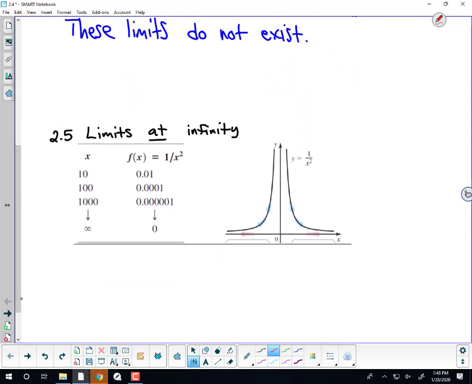Limits at infinity, the roles have kind of reversed. Now x is approaching infinity or negative infinity, and y, or the limit, is approaching a finite number.